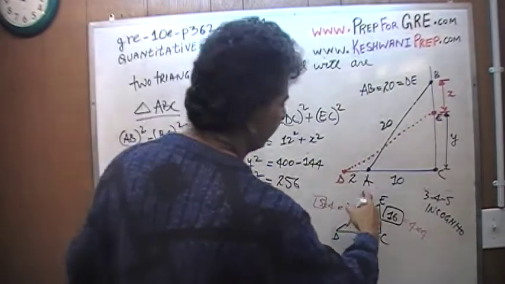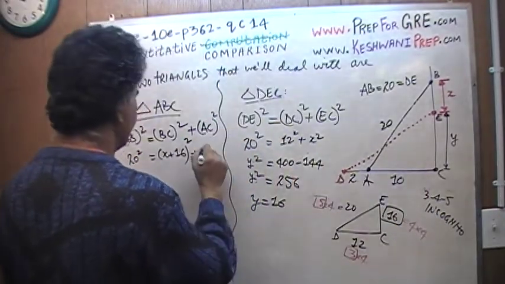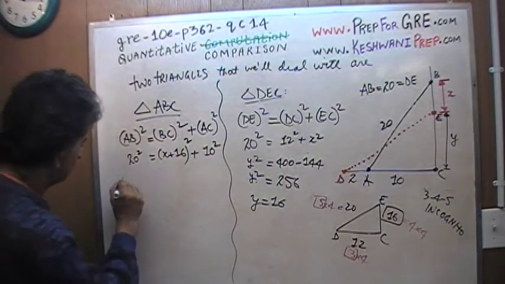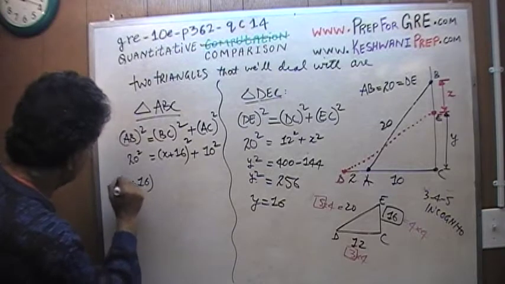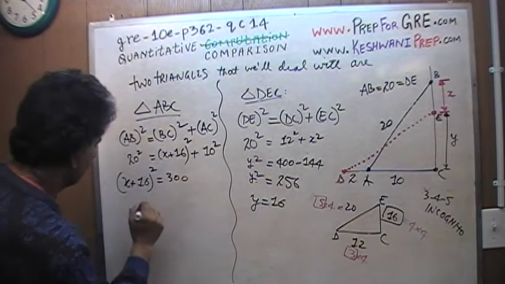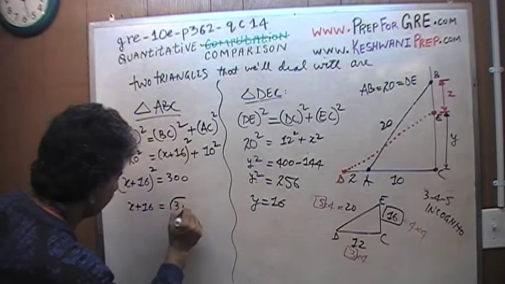And A to C we know is 10. So x plus 16 whole squared would equal 400 minus 100, which is 300, which tells us that x plus 16 is the square root of 300.